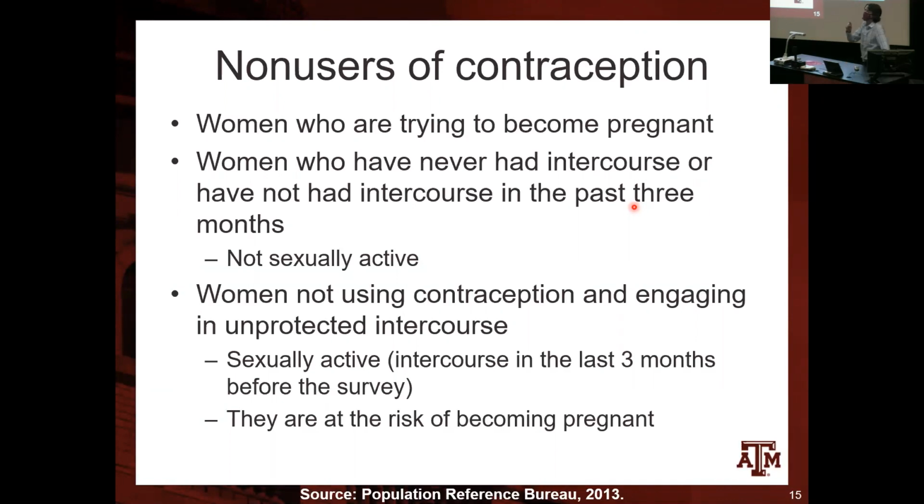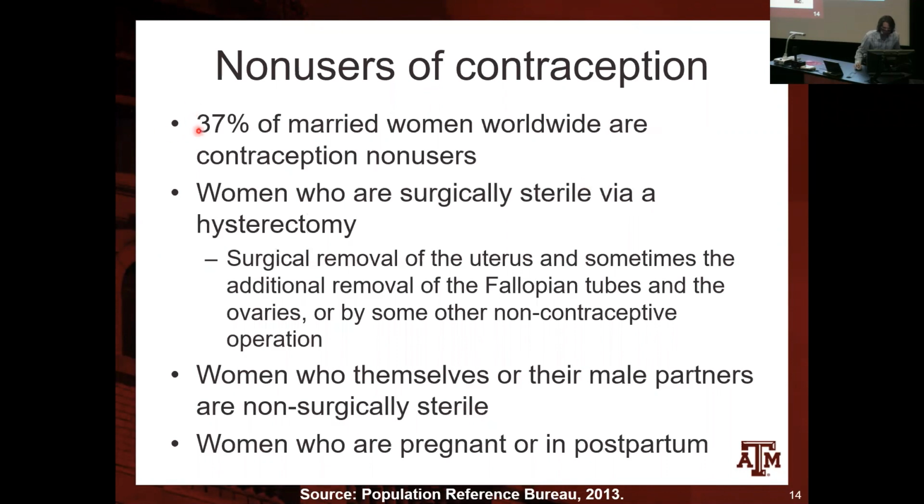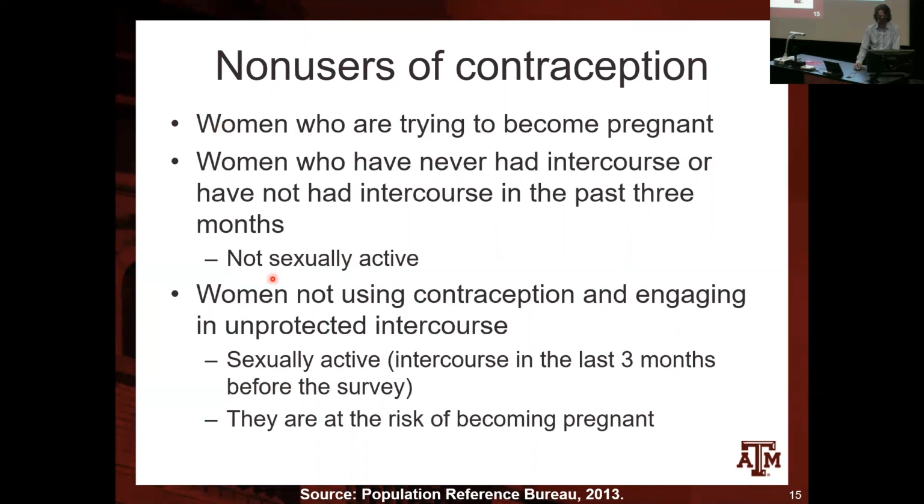The issue for policymakers is among these 37% of married women who are not using any kind of contraception and are engaged in unprotected intercourse. So they are sexually active, they have been having intercourse in the last 3 months before the survey, and they are at risk of becoming pregnant, but they don't want to become pregnant.